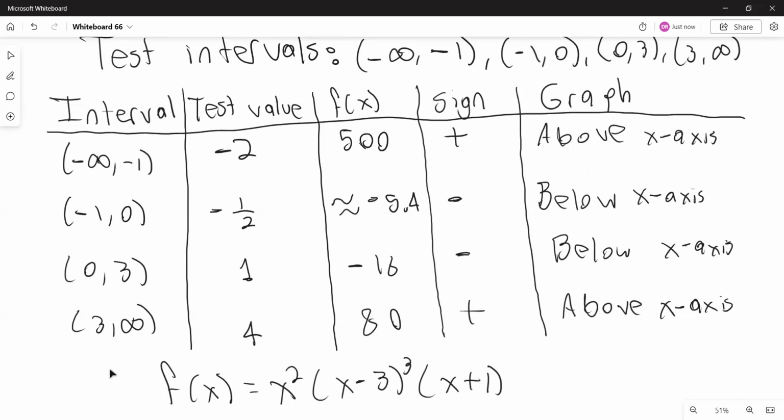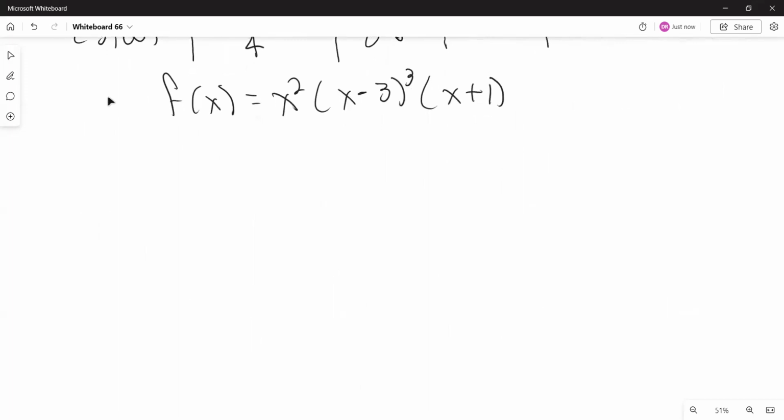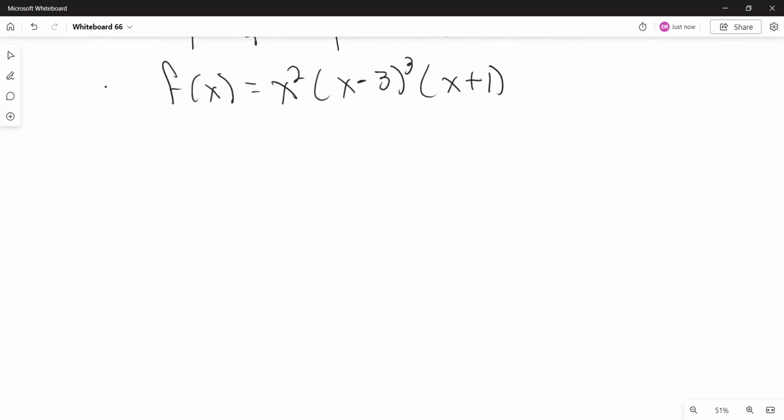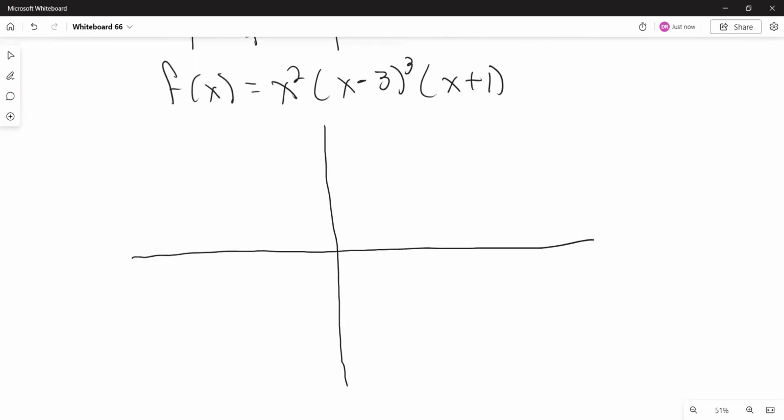Okay, so now we can sketch the graph. I'm not so sure about the y values, but I definitely know the intercepts.